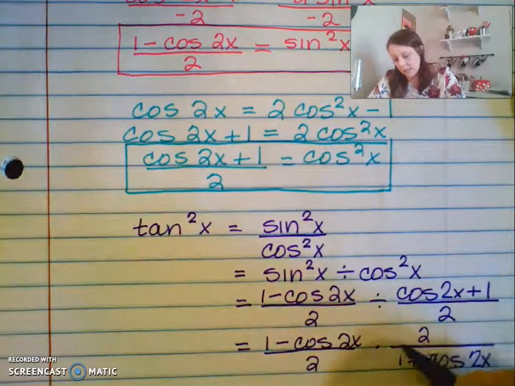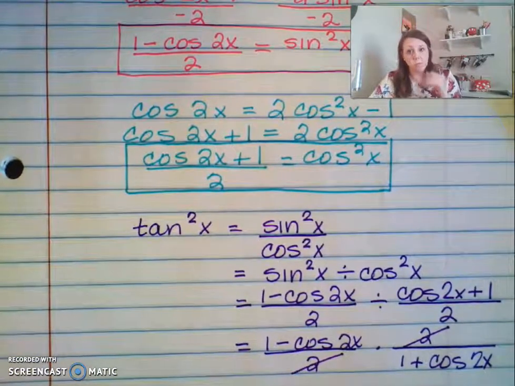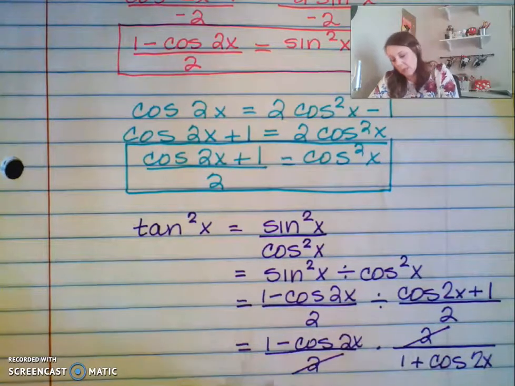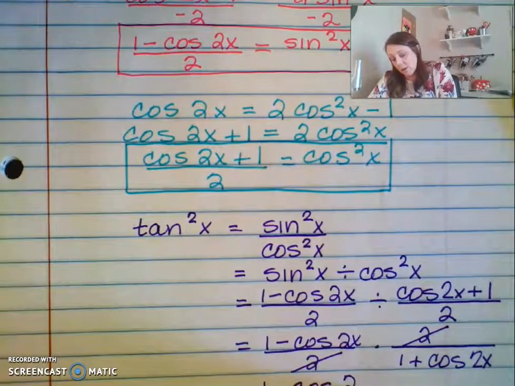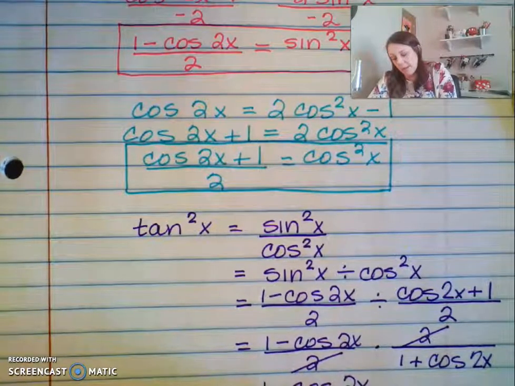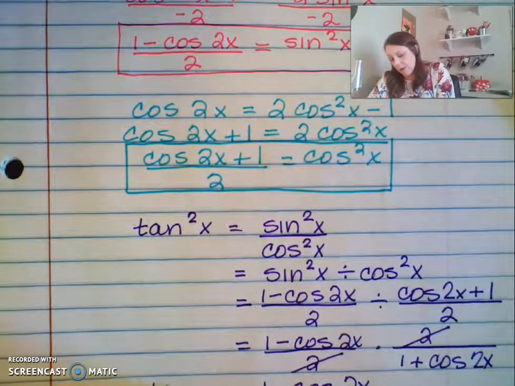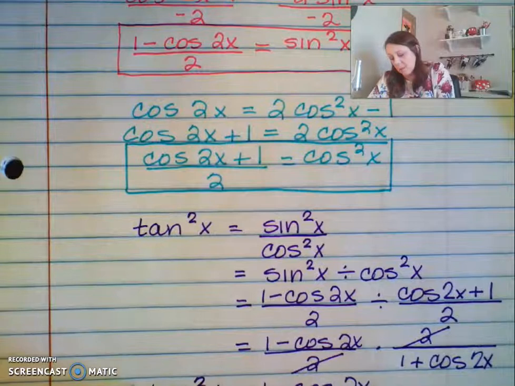So here, if we cancel out this 2 with that 2, basically we're identifying that 2 over 2 is equal to 1, and therefore just reducing it. In that case, what we're left with is the quantity 1 minus cosine 2x over the quantity 1 plus the cosine of 2x. And that is your power-reducing identity for a tangent squared.